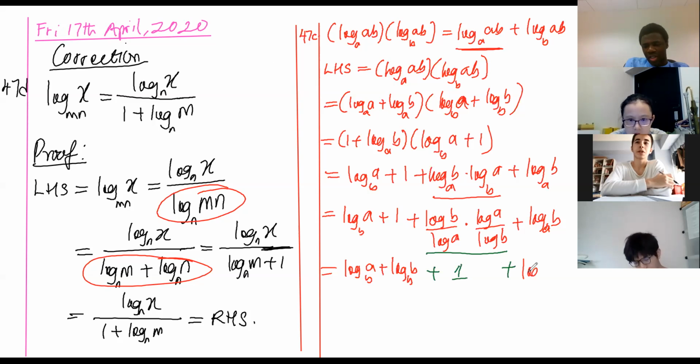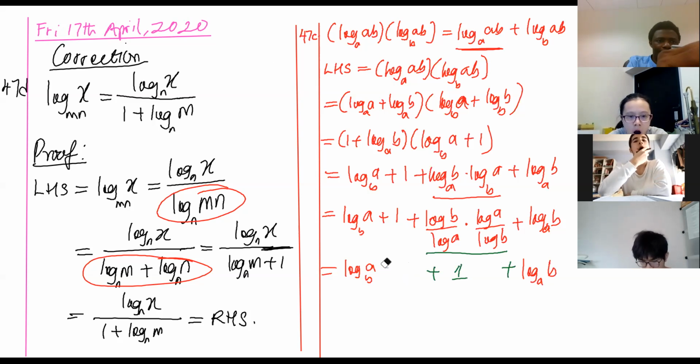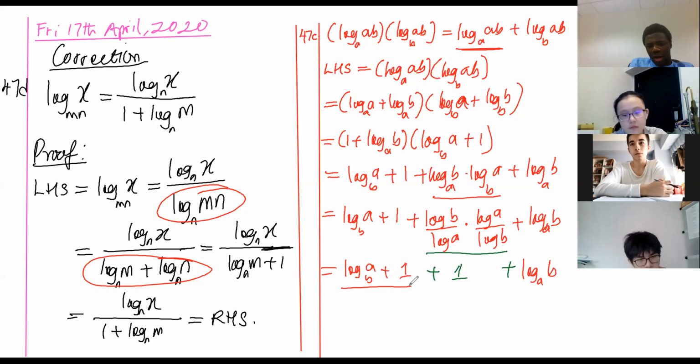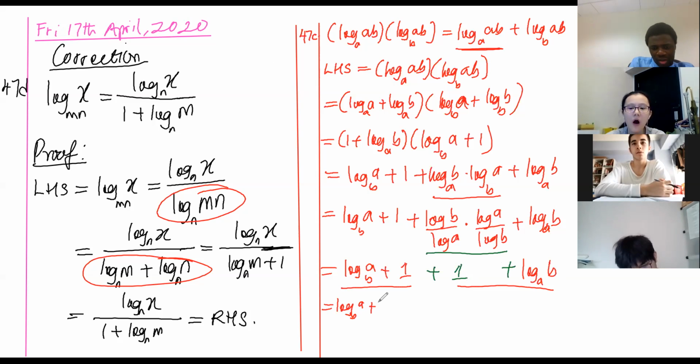And this is log A. Maybe I write this first, the way it was, so that I do not confuse you. So this and this, I will group them together, because I need just 2 logs. So log A base B, log B base B. This will belong to this. Can you see the solution already?